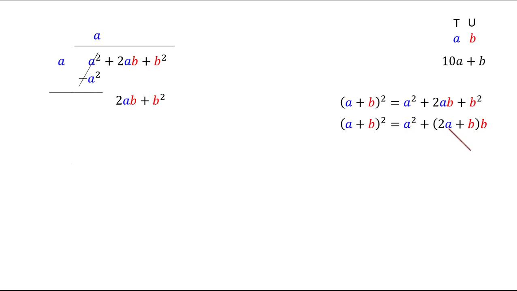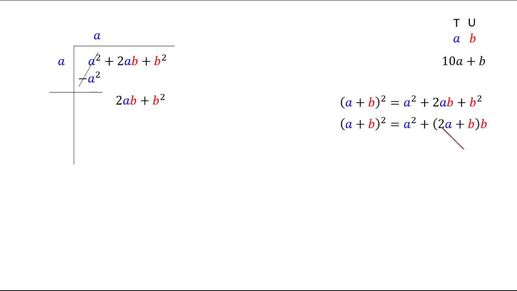This becomes (2a plus b) multiplied by b. Now we need to know what number should come over here. So we do not know what b is, but we at least know what a is. a is already known to us. So we know that 2a when added to that unknown b, and this total taken together when multiplied by the same unknown b, will give us this particular thing.